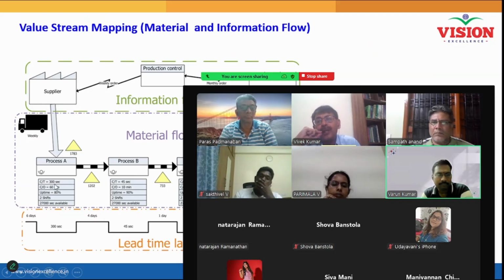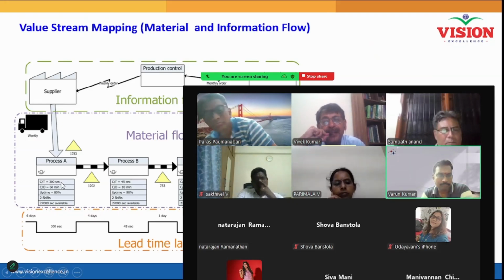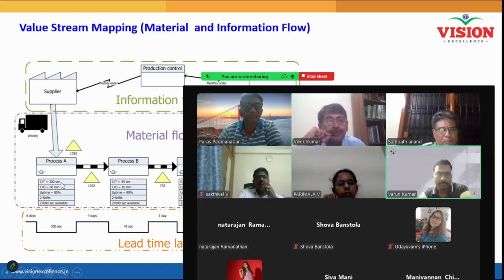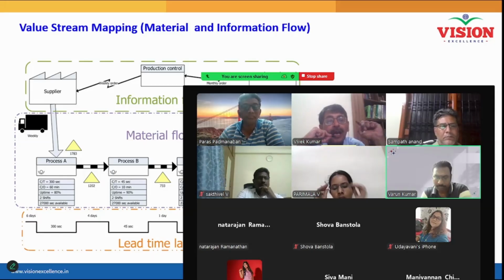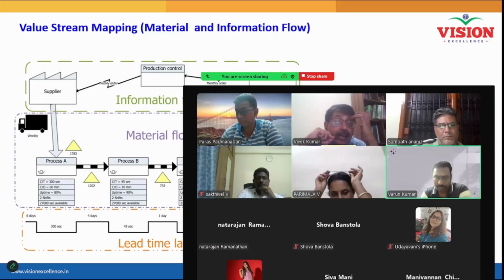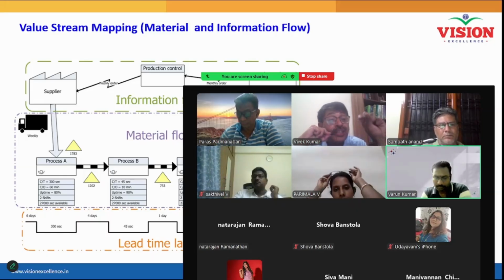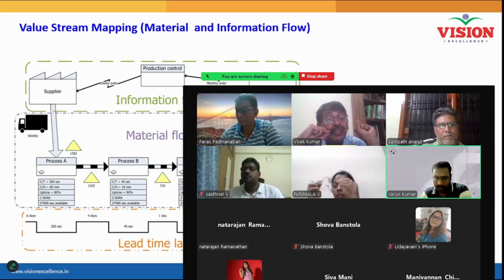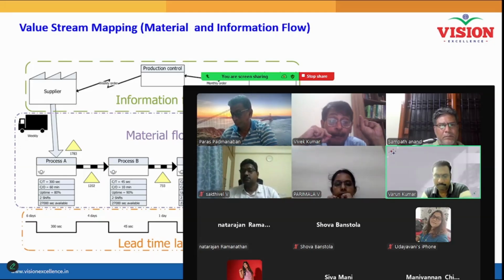When a particular piece is spending 300 seconds here, that means every 300 seconds one piece is coming out of this machine. Within these 300 seconds also, there can be some non-value adding activities happening.